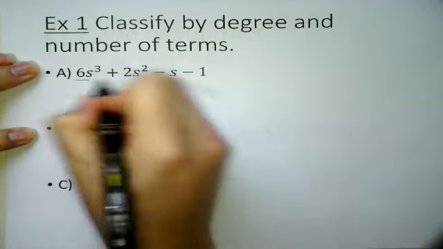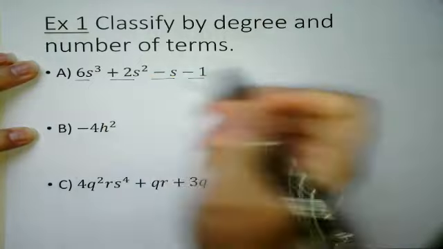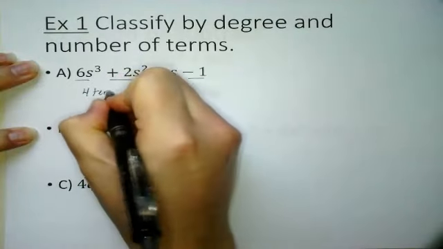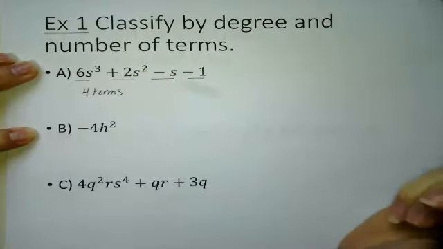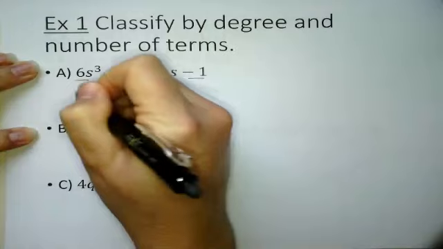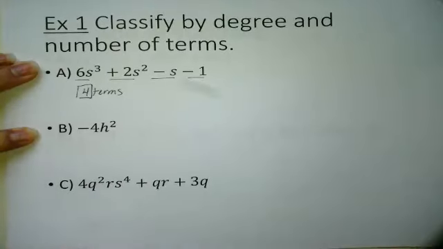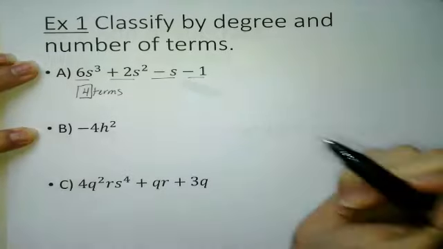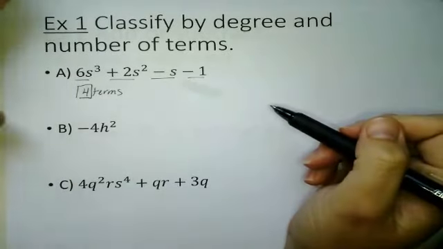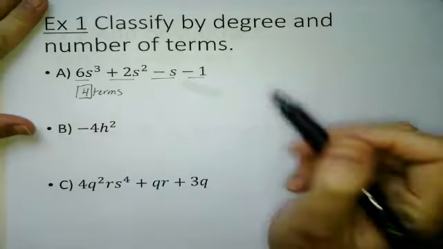So you can see here we would have 1, 2, 3, 4 terms. I don't have a special name for that, but for this one, they probably are just asking you to input 4. We only really have special names for 1, 2, or 3 terms.